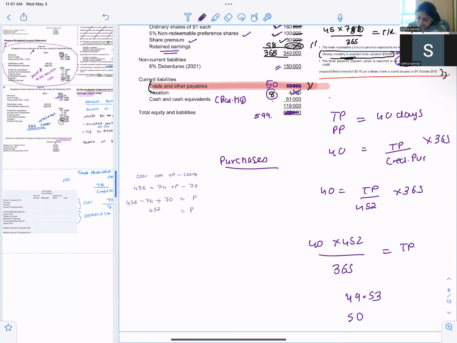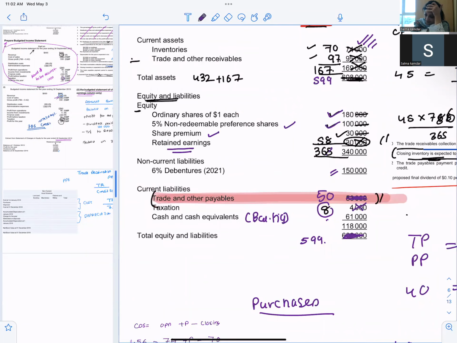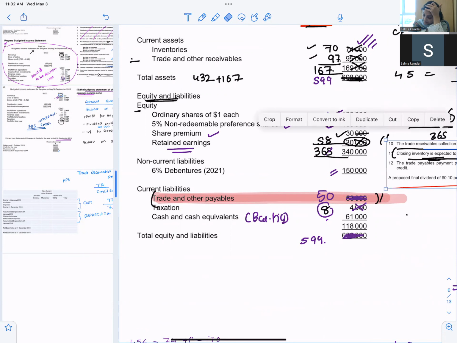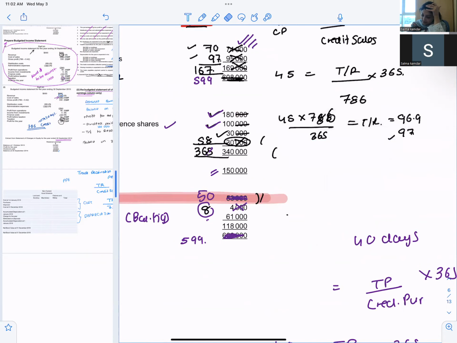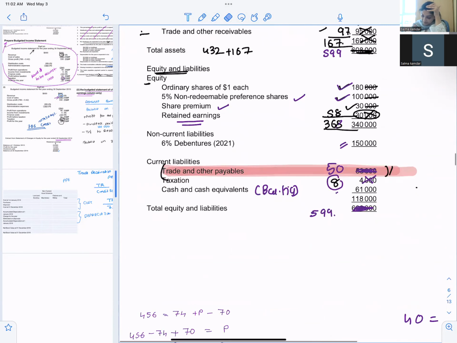Now I want to know my cash and cash equivalent. To be very clear, my total assets is always equal to my total liabilities. We can use that to find the total current liabilities.